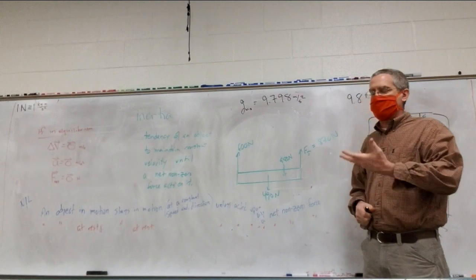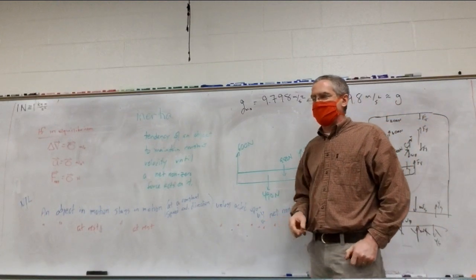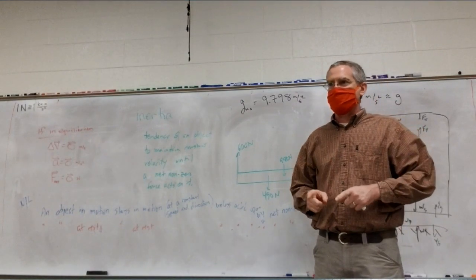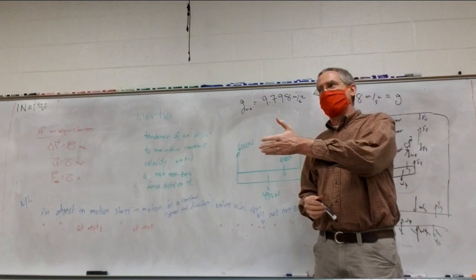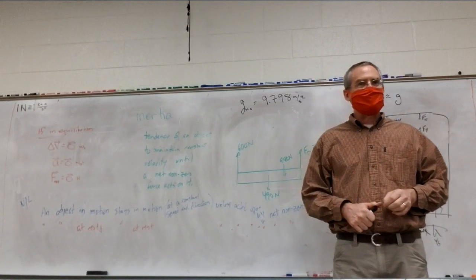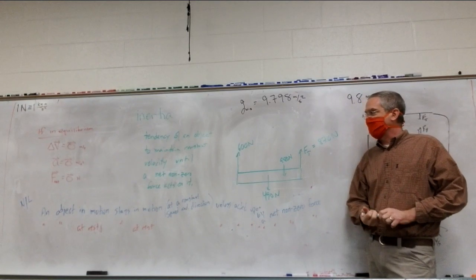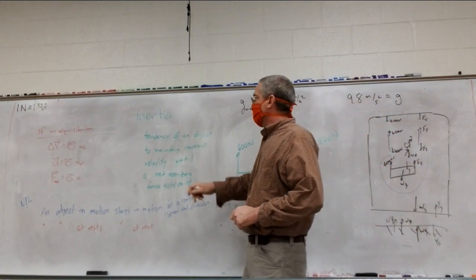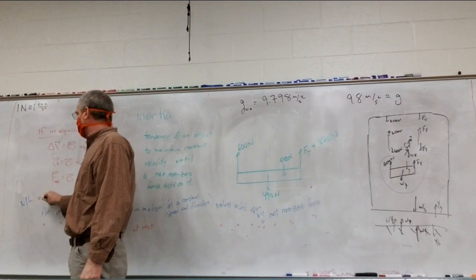Newton comes along, standing on the shoulders of giants, and summarizes it all, and basically says it stops because something forces it to stop. If that friction were not there, it would just keep going until some other force acted on it. But the natural tendency is to want to keep doing whatever it was already doing. Because of the connection here, Newton's first law sometimes is just referred to as the law of inertia.